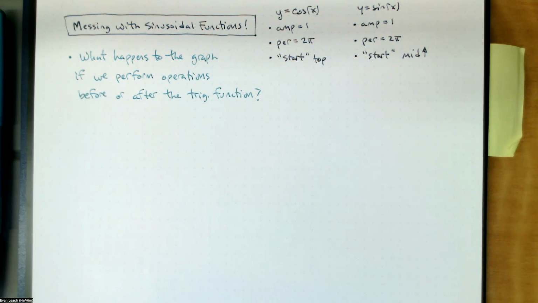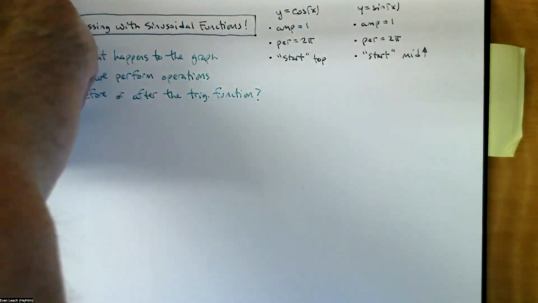Here's what we want to know. What happens to the graph if we perform operations either before or after the trig function? That's what we want to know.